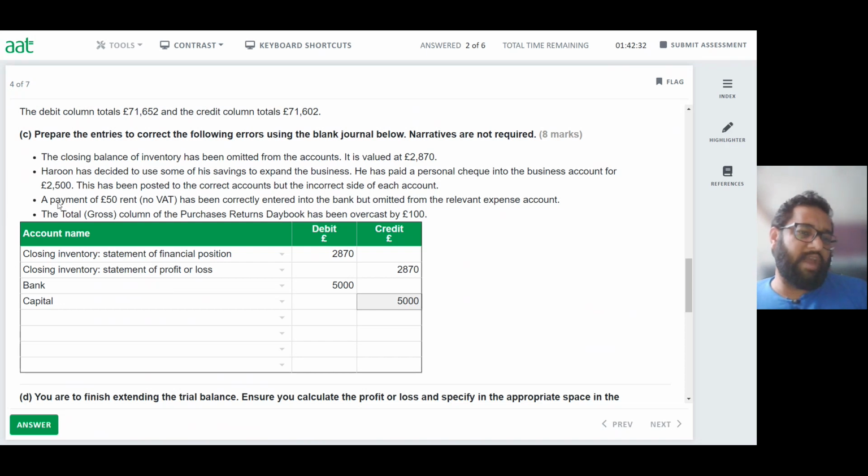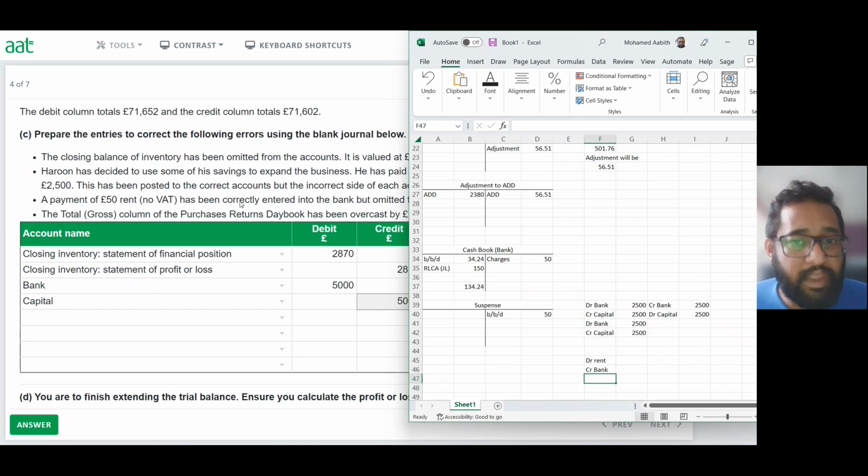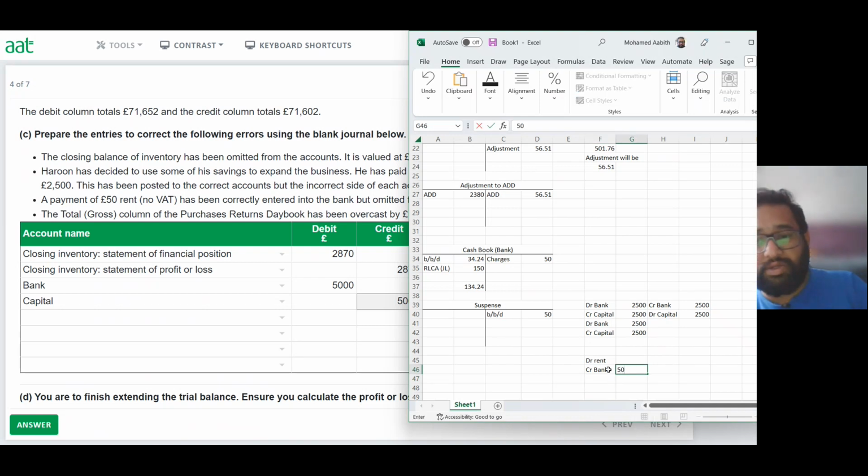Now, the third one: we have to look at a payment of £50 rent that has been correctly entered into the bank account and omitted from the relevant expense account. Since they say expense account, we definitely know this is a debit entry. What should have been entered? Debit rent, credit bank. According to them, the bank has been entered correctly, this is £50, done.